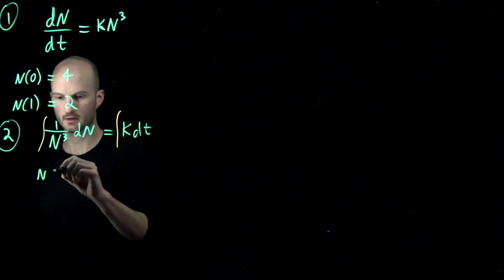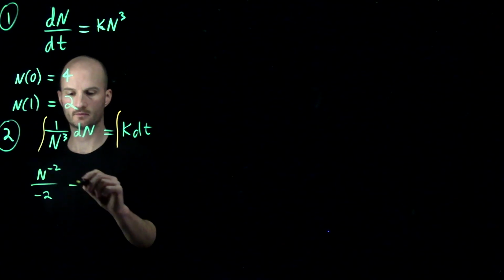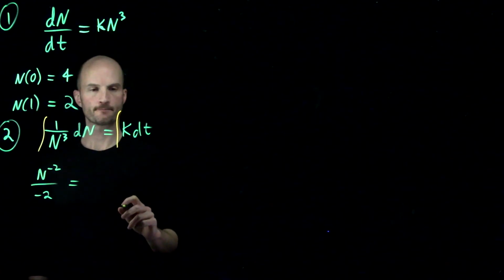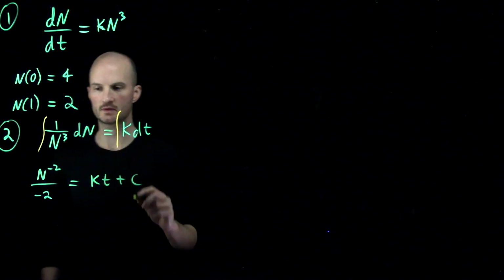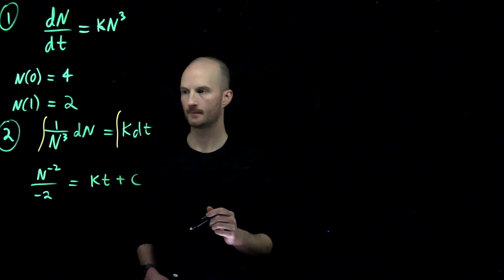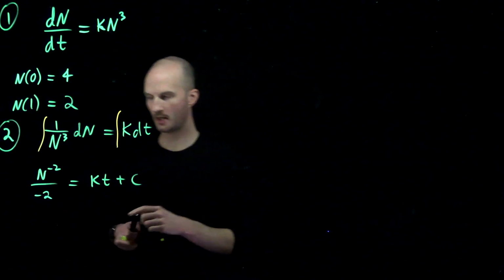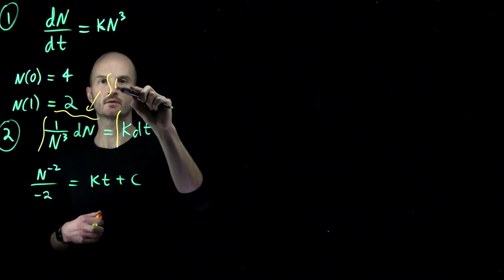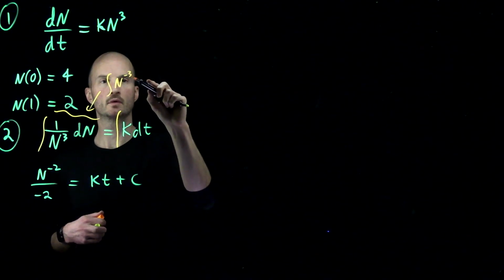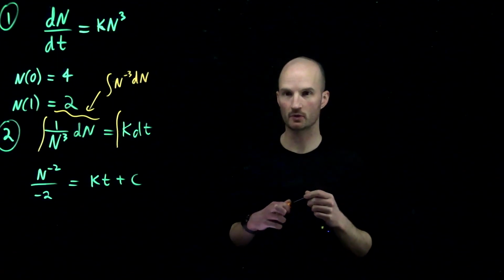And we get n to the minus 2 over minus 2 here. And over here we get kt plus c. So I'll remind you that this integral here can be written as this with a negative exponent.